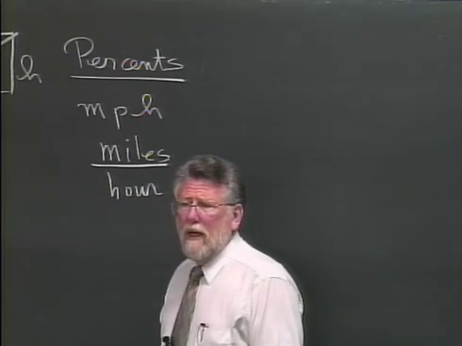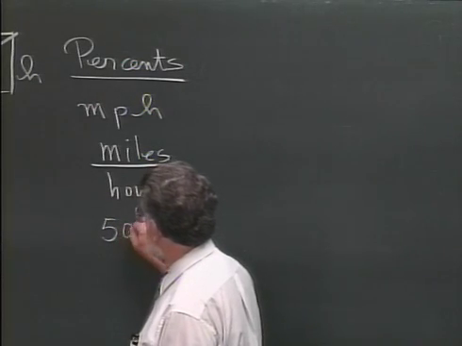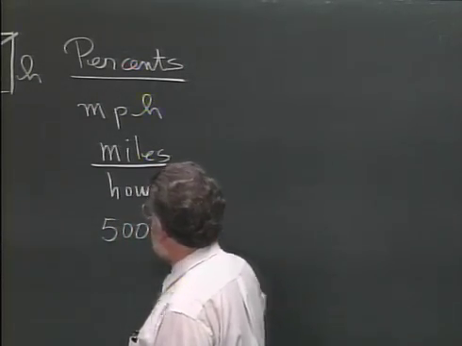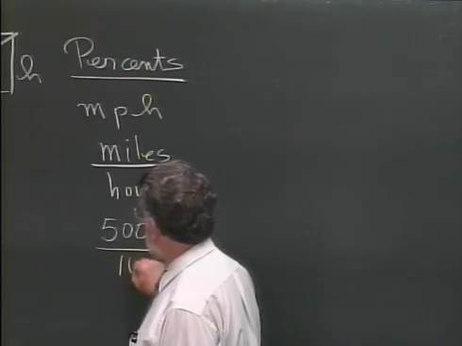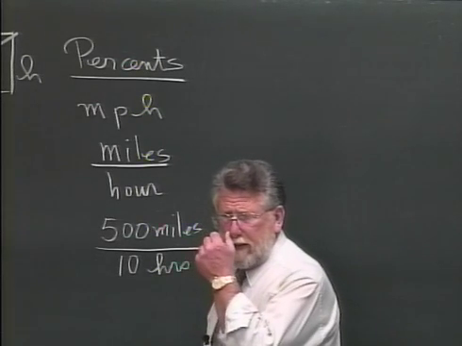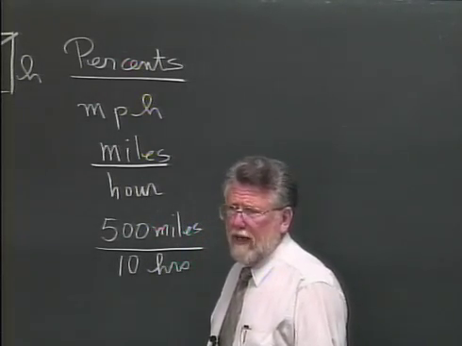Okay, if I go 500 miles, and I do it in 10 hours, how fast were you going? I divide, reduce, correct? What do you get?